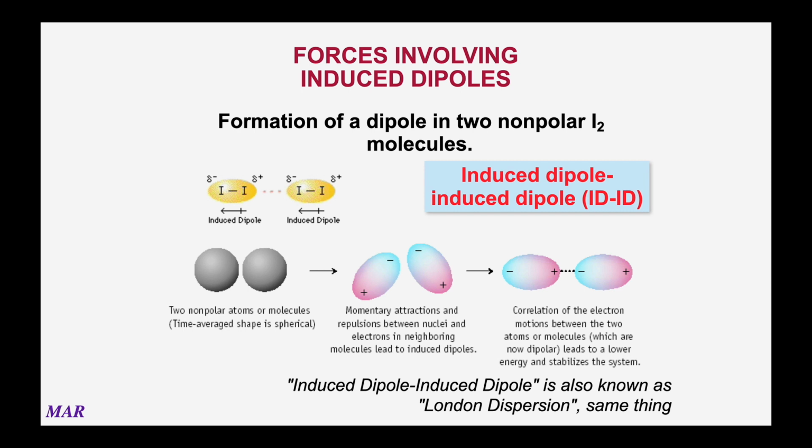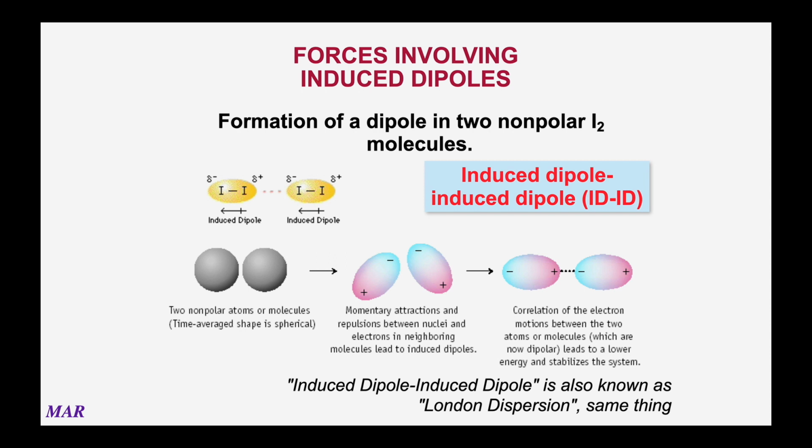But if you're going to take something nonpolar and turn it from a gas into a liquid, you have to start thinking about intermolecular forces, something to make those gas molecules tighter into a liquid form, and they feel it's the induced dipole force. Now, because this is such a weak force, there are several different names for it. One of the names is London dispersion forces, and that's fine, or also dispersion forces is fine.